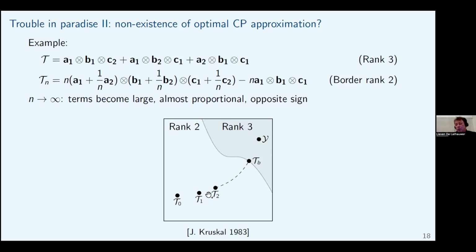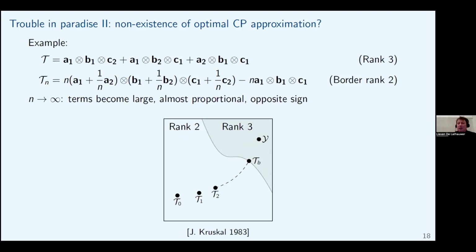And you approach it and you approach it until the border of the rank 2 region. And here there is bad news because this is an open set. So you go to the border and you will actually never reach the border. So the best approximation does not exist.